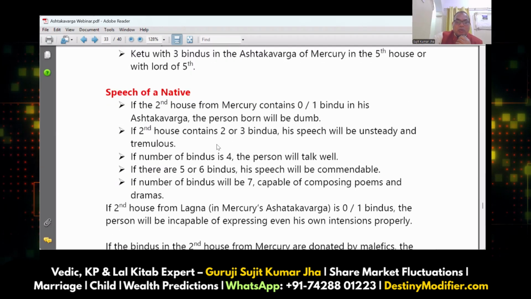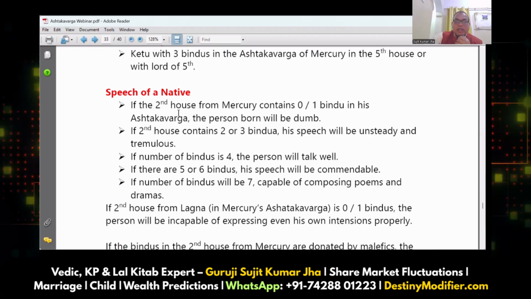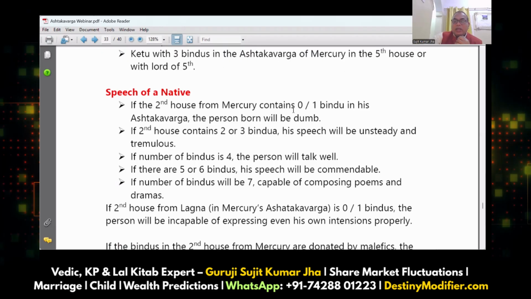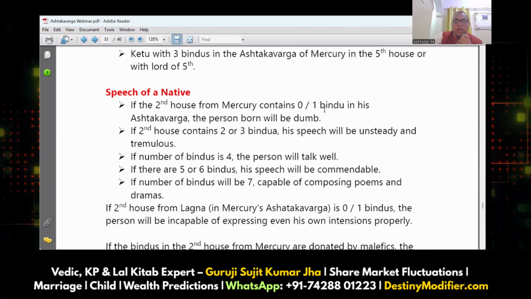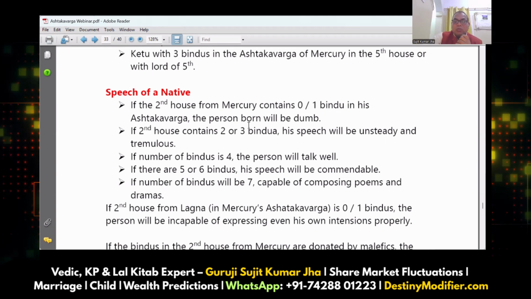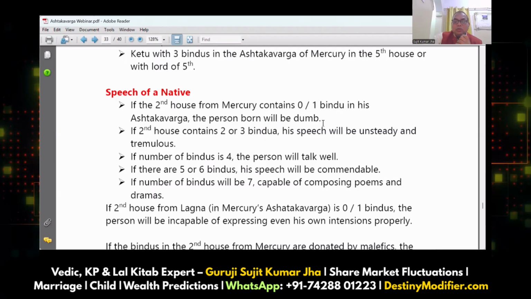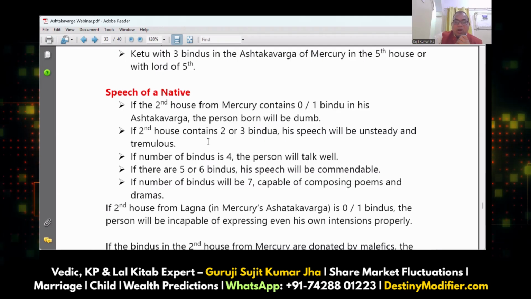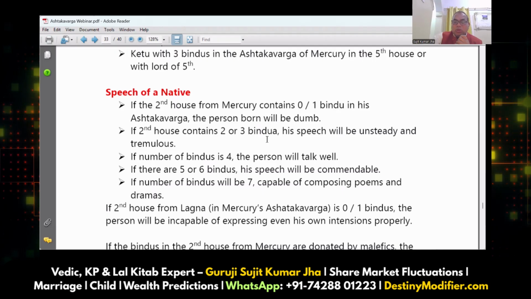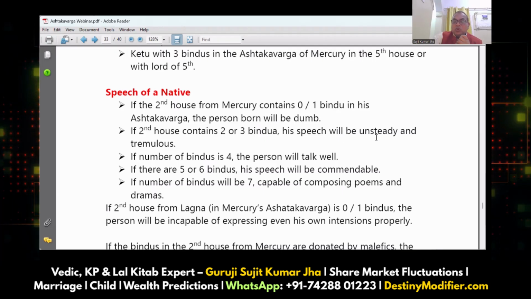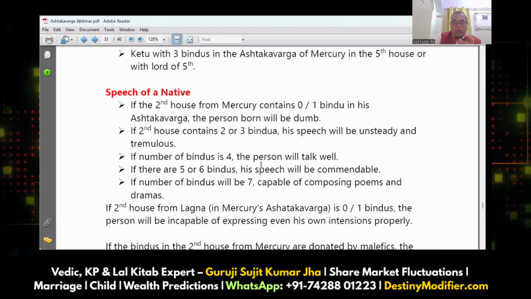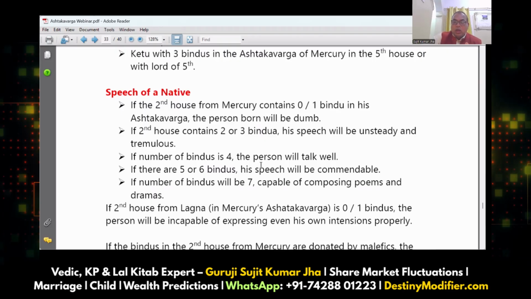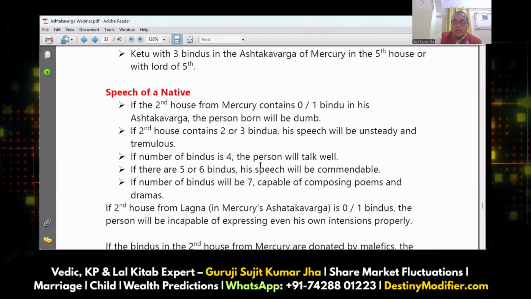Now, the speech of a person. See, if the 2nd house from Mercury contains 0 bindu or 1 bindu, then the person born will be dumb. If the 2nd house contains 2 or 3 bindu, his speech will be unsteady, meaning he is unable to communicate what he wants to speak.